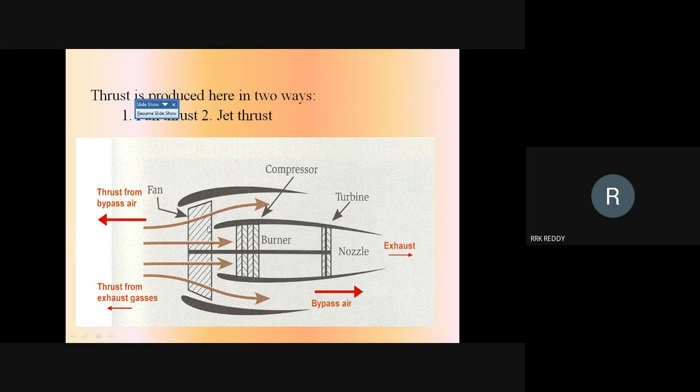So the fan is also acting as a low pressure compressor here. That means the secondary air is also compressed with the help of the fan, and that compressed air is discharged through this nozzle shaped outer casing, and again some extra thrust is provided here. So that extra thrust is added to the main thrust produced by the core engine. That is the advantage of the turbofan engine.